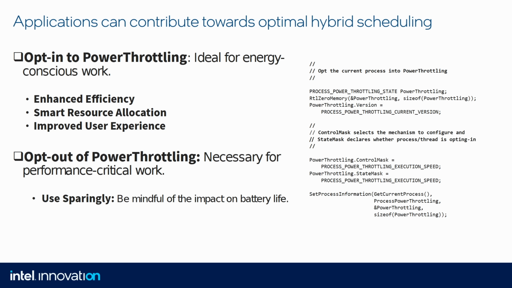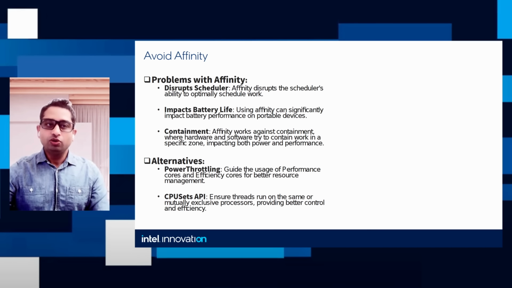Once you call the API SetProcessInformation with your process handle from GetCurrentProcess and pass this structure, you are indicating that you want throttling on the execution speed and giving a hint to the operating system that we can classify this process or thread as EcoQoS and then optimally schedule this onto a proper efficient core.